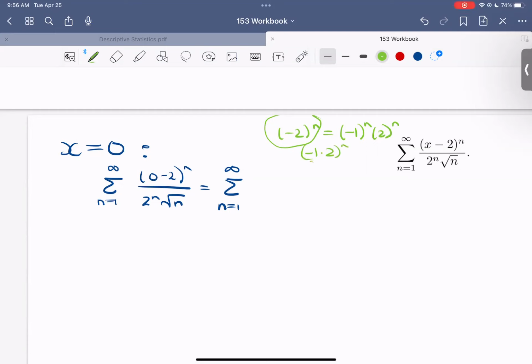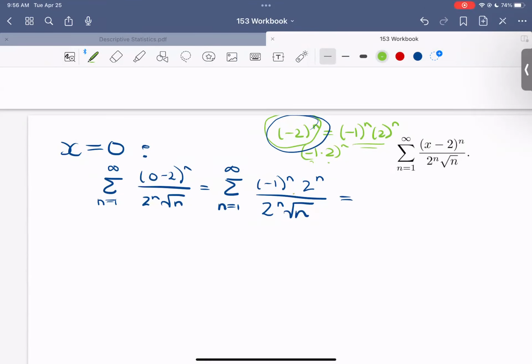So I have n negative 1s, n 2s, so I can split up like that. So I can rewrite this as negative 1 to the n, 2 to the n. And the reason why I want to do that is because I'm recognizing with this term, negative 2 to the n, an alternating series. So I just want to write my series in that alternating series form, if I can.